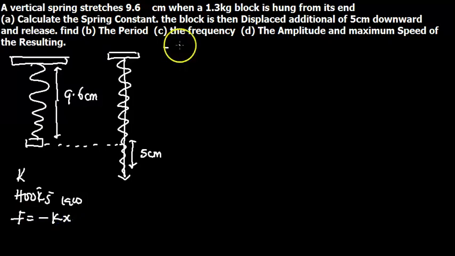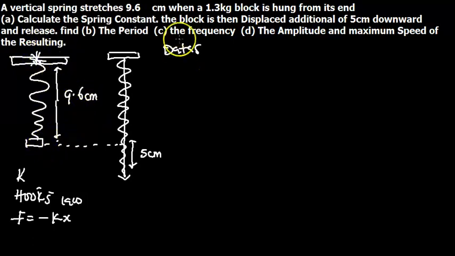In our data, remember, according to Hooke's law, F is the force applied by the spring, that is the weight of the block. K is the spring constant. x is the displacement from the equilibrium position, and at this point, this is the equilibrium position. It was displaced by 9.6 cm.